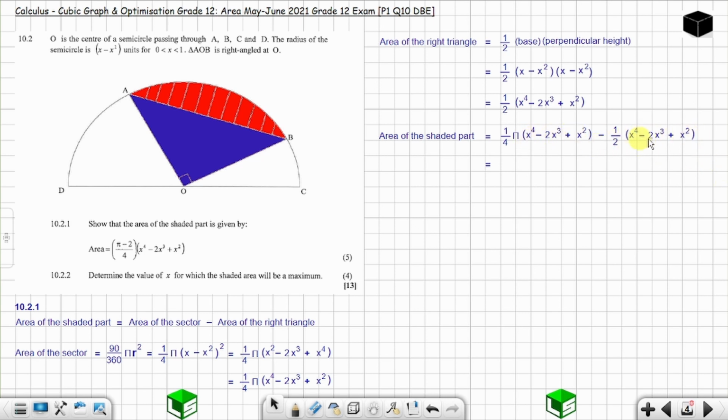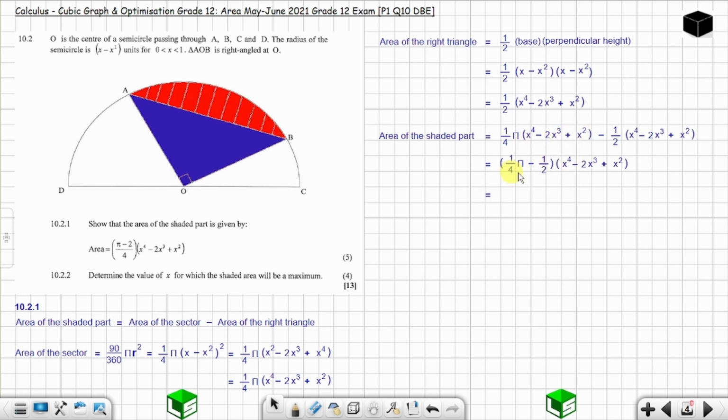This is the same, you can write as one bracket. So I can have this minus this and then write one bracket because this is the same. I can say 1 over 4 pi minus 1 over 2. I close the bracket. I open another bracket. I put this.